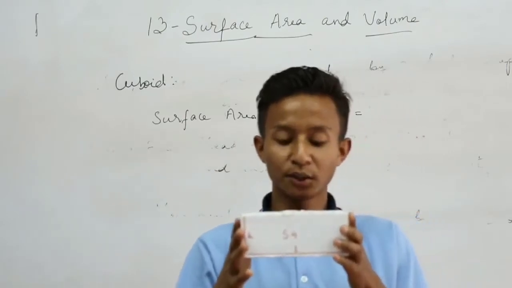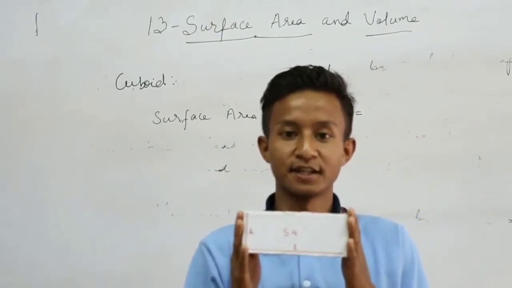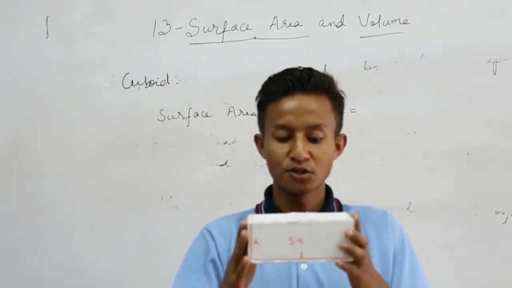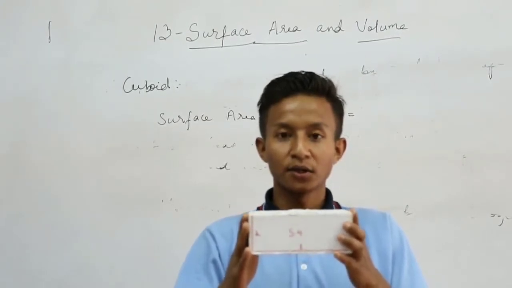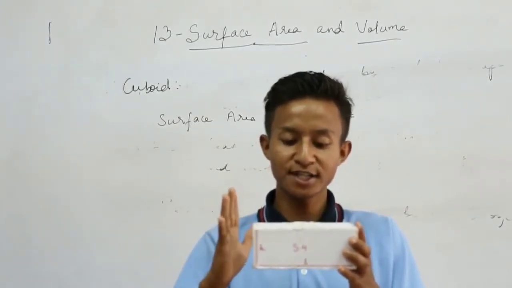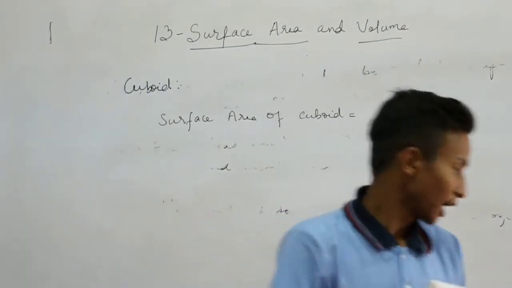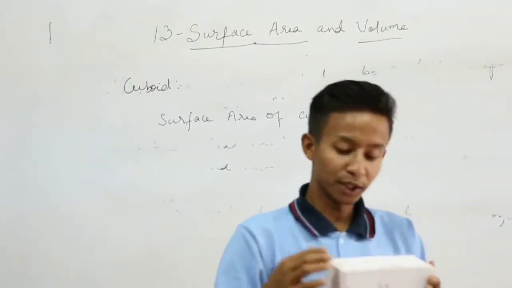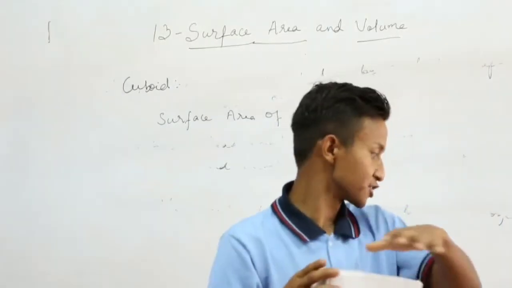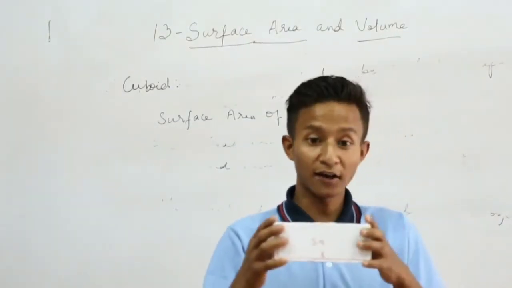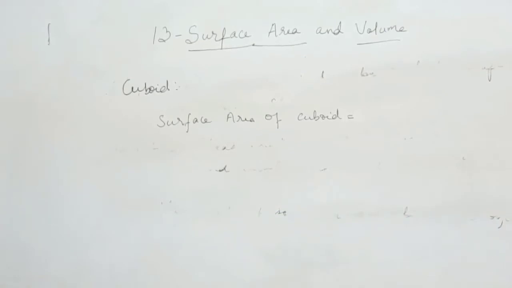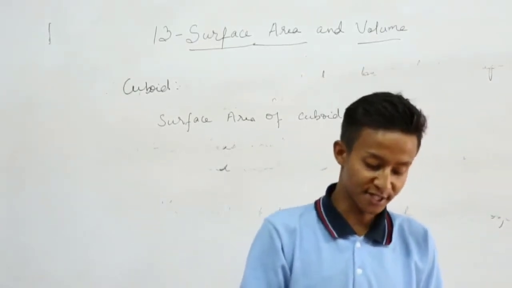So this is a cuboid which has 6 faces. To find the surface area, we have to consider all the 6 faces by cutting this cuboid. After cutting this cuboid, we will get 6 faces.